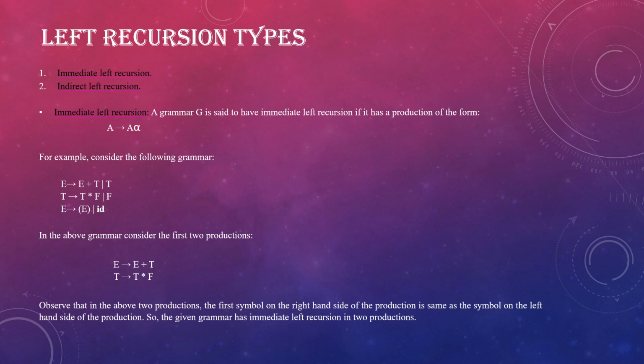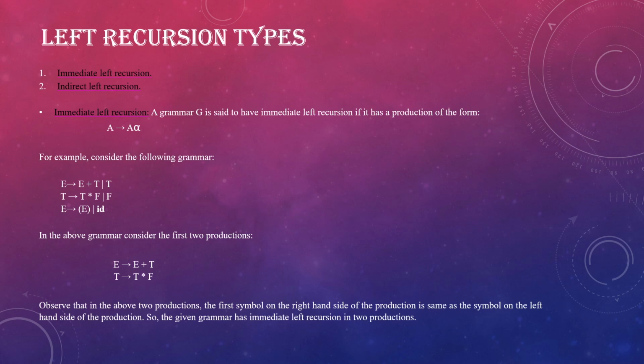Immediate left recursion. A grammar G is said to have immediate left recursion if it has a production of the form A tends to A alpha. For example, let's consider the following grammar: E tends to E plus T or T, T tends to T ampersand F or F, F tends to E or an ID.